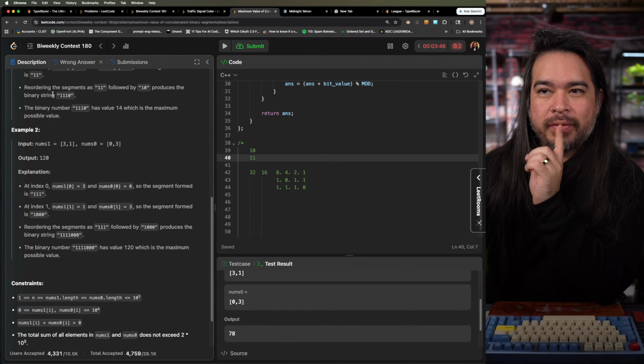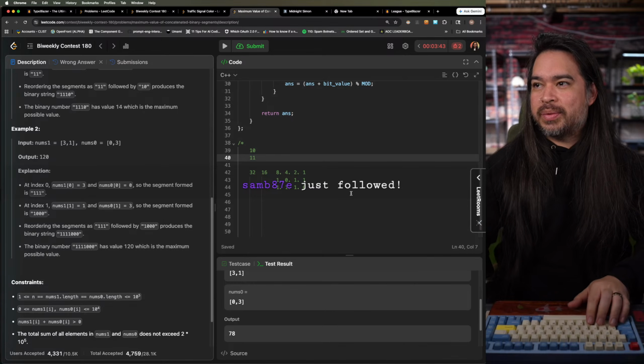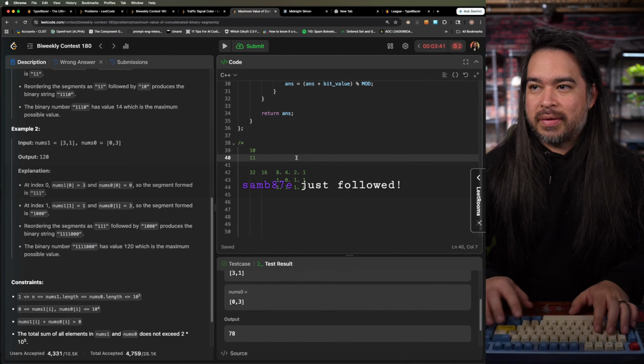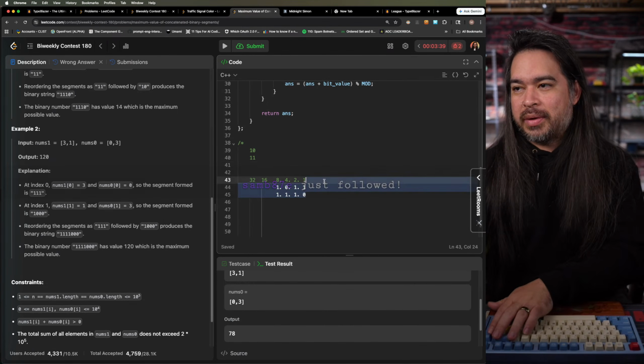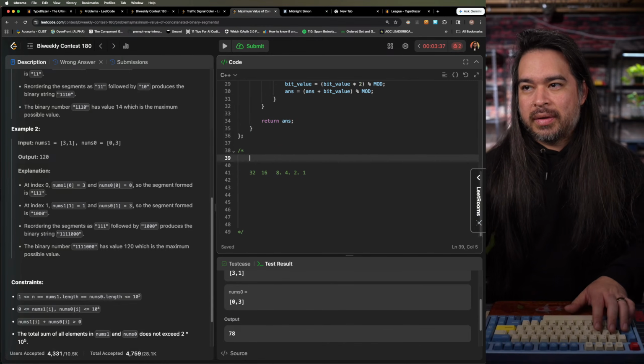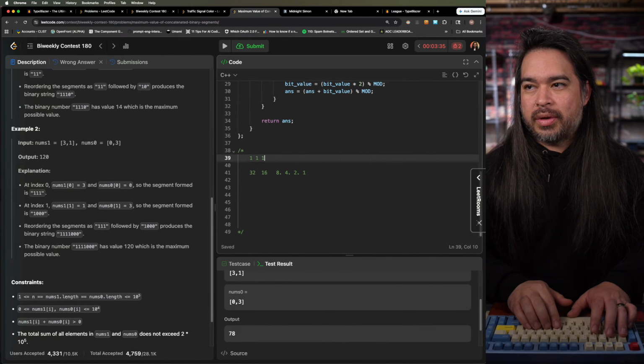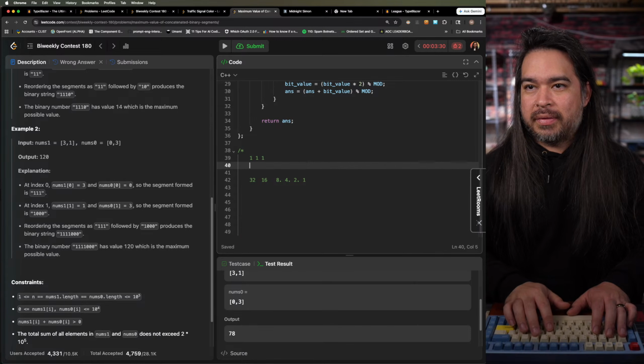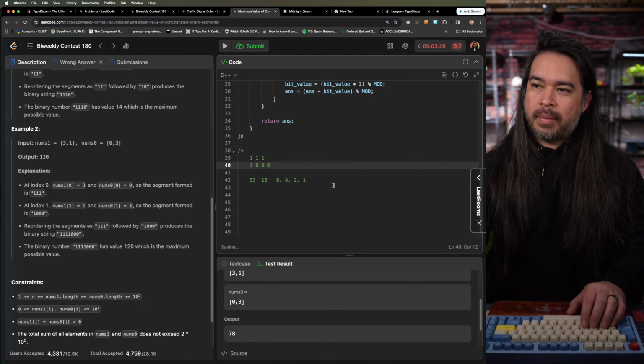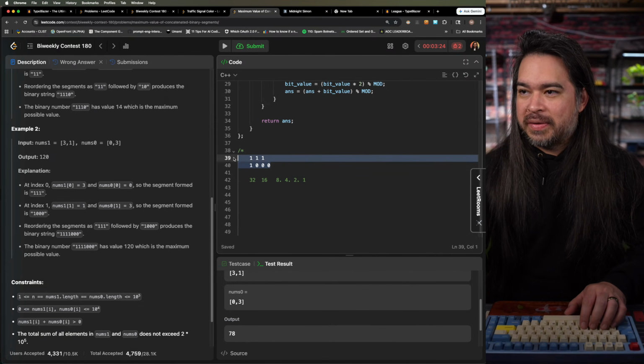Which one do we put first? All right, let's look at example 2 real quick. So they give us, I'm going to erase these, 1 1 1, and then we have 1 0 0 0. So a total of 7 things.